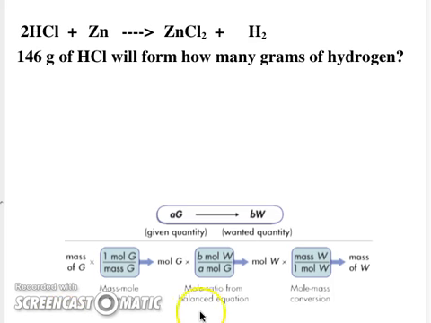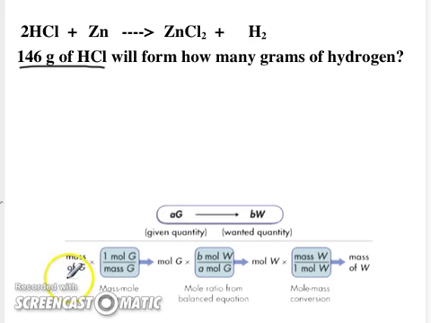Down here at the bottom, this is the general format that you want to follow. It shows the steps that you can take to make conversions, and it gives you an idea, depending on what's given and what you're looking for, how many steps it'll take to solve the problem. So in this case, we have 146 grams of HCl that is given.